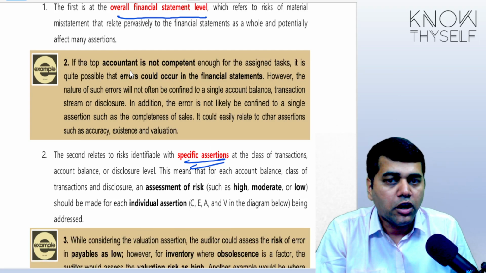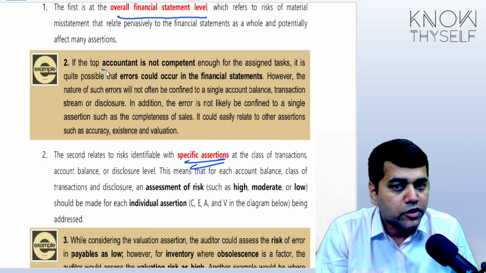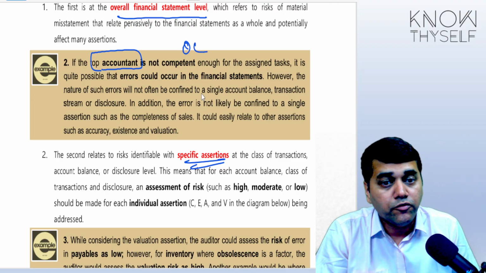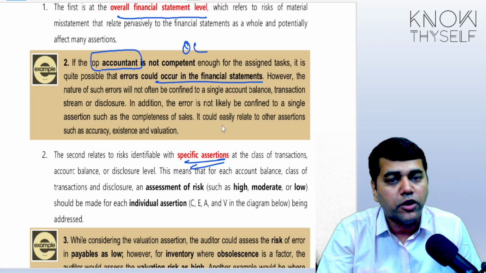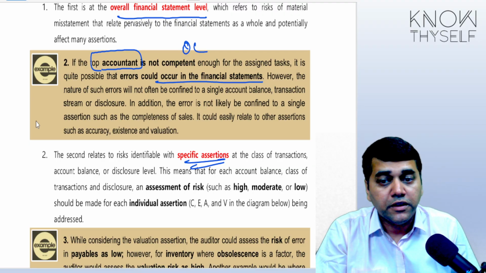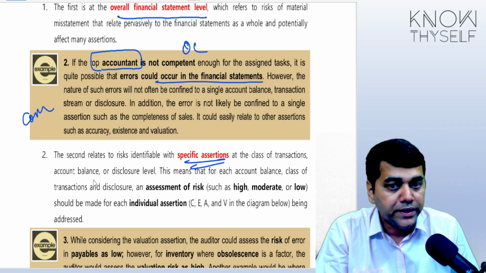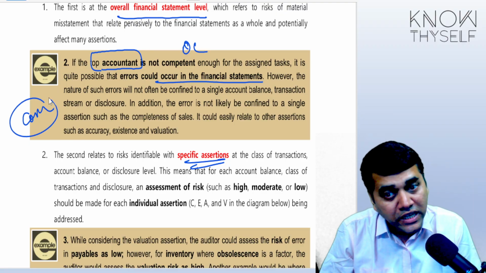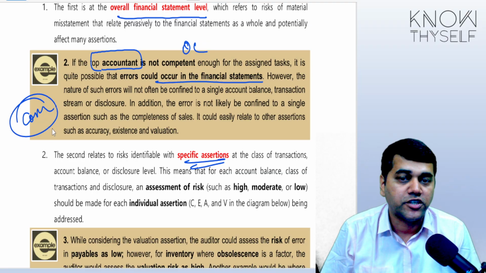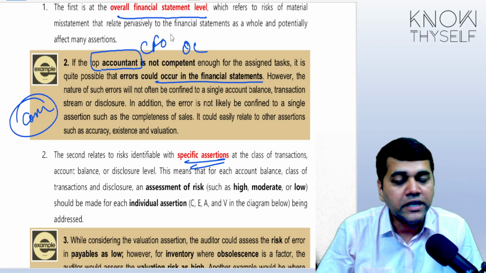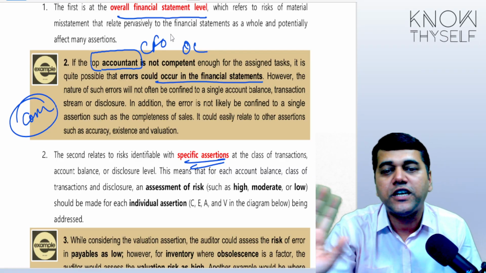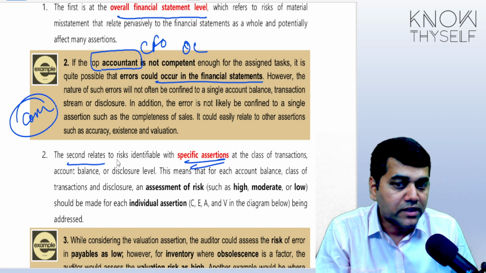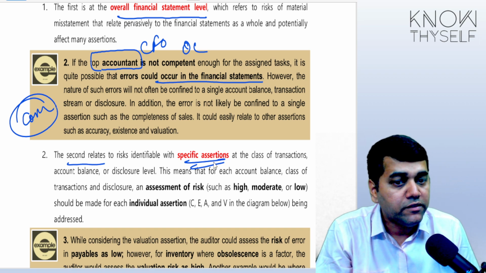Now, if the top accountant is not competent, this is an overall level risk because any item in the financial statement could have been wrong. But if the cashier is not competent, then the risk of misstatement can occur only in cash, not in other items of the financial statement. If the CFO is not competent, any item of the financial statement could have been wrong. That's called overall risk. The second level is the risk identified with a specific assertion.